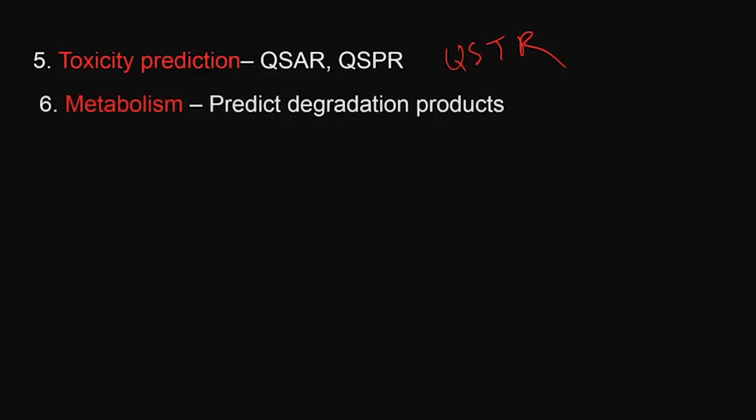That means I can predict the degradation products, and I can predict its excretion from the body, and so on. So, many computational tools are available in the drug design process, and we are going to cover some of them, as I said, in the forthcoming classes.